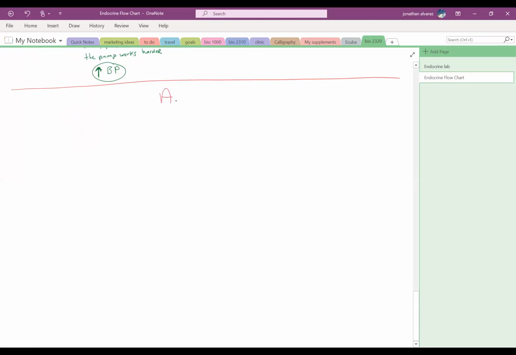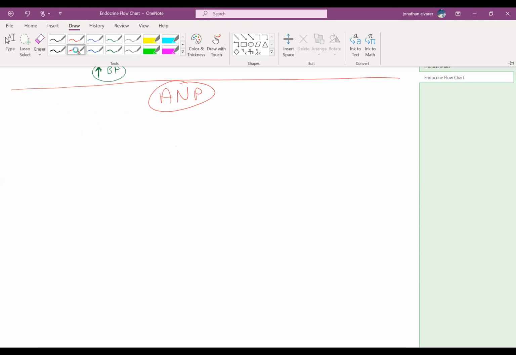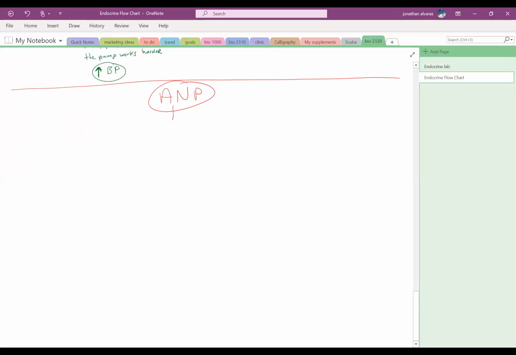The atrial natriuretic peptide. The stimulation is going to be an increase in blood pressure.